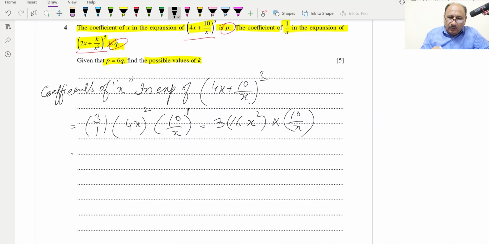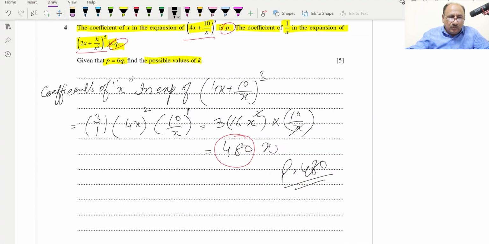Now the x's cancel, and 16 times 3 is 48, into 10 is 480x. So the coefficient of x is 480, and p is equal to 480.